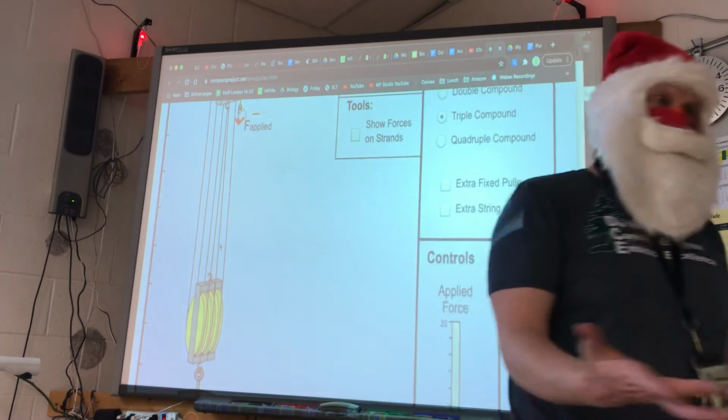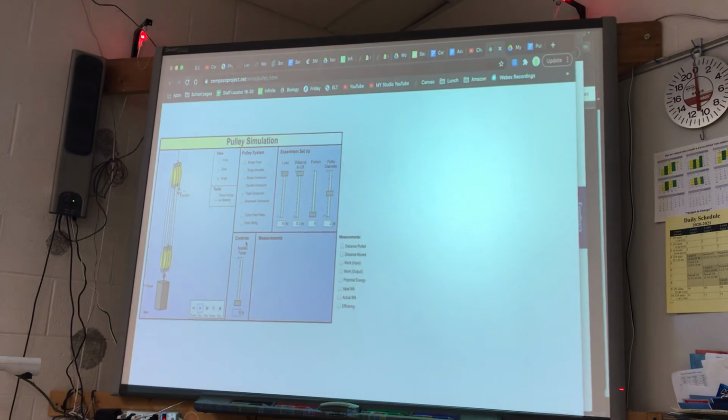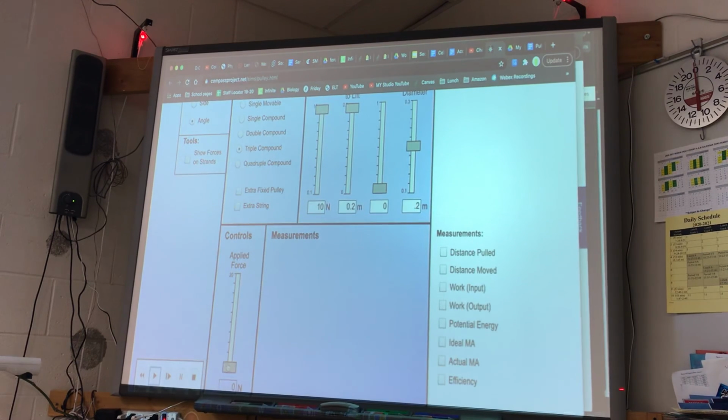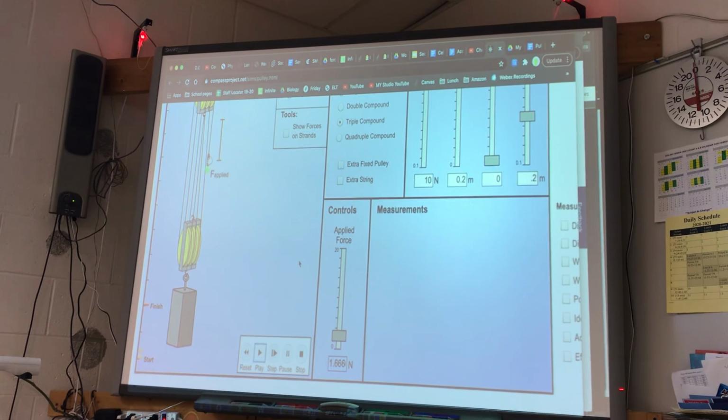Based on that, we should have a mechanical advantage of 6, which means we pull 1/6 the force, but as a result, we have to pull 6 times the amount of string. So there's a trade-off with simple machines: the more force you apply, the less string; the less force, the more string.